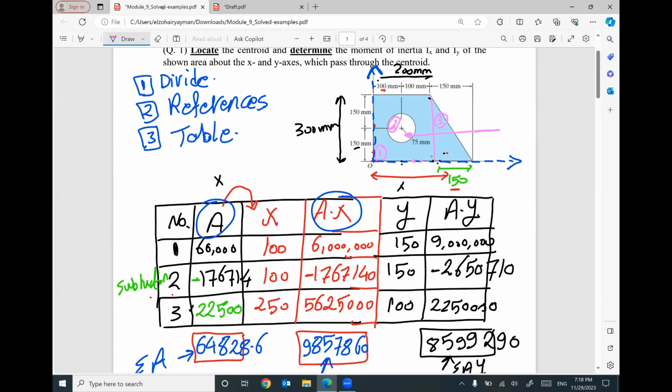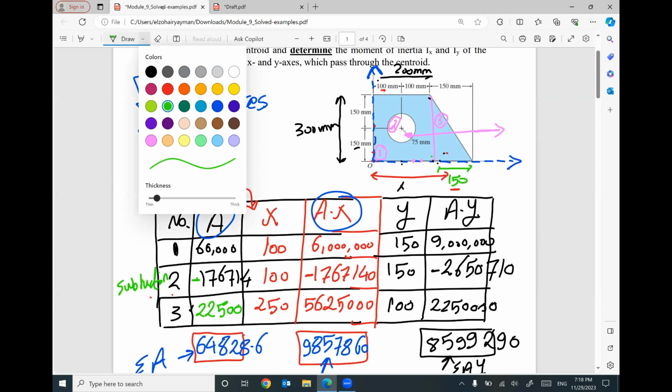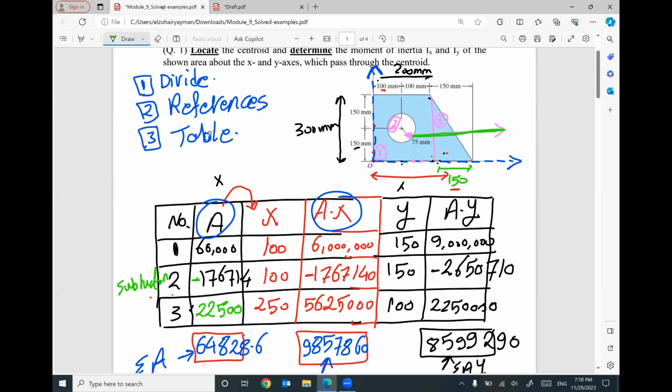At this centroid, I will put my x-axis. Let me change the color. I will put my x-axis and I will put my y-axis. And this is called the centroid for the whole area as one unit.